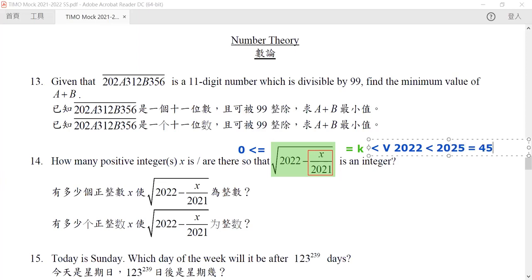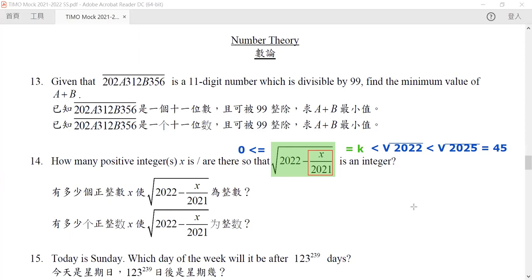Because 2022 is very close to 2025, as long as k is less than 45, it is an okay integer. So we know that k can range from 0 to 44.